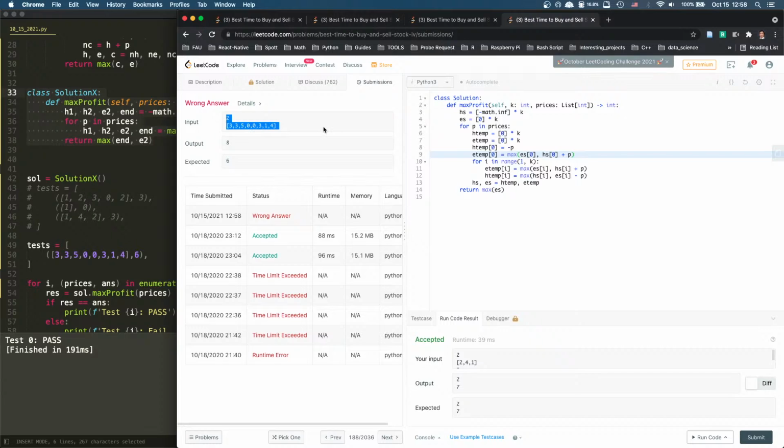How? Hey, that's the same. We have the exact same problem. Output 8 is supposed to be 6. I thought we fixed this.